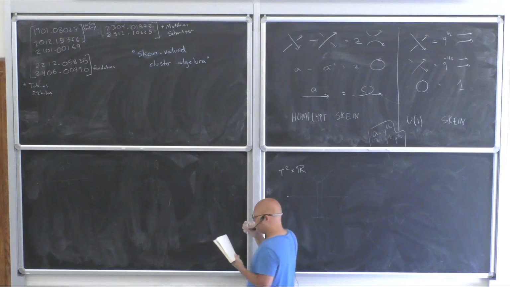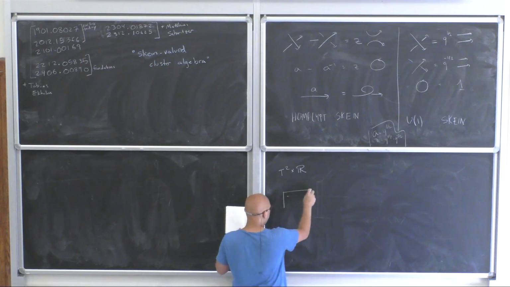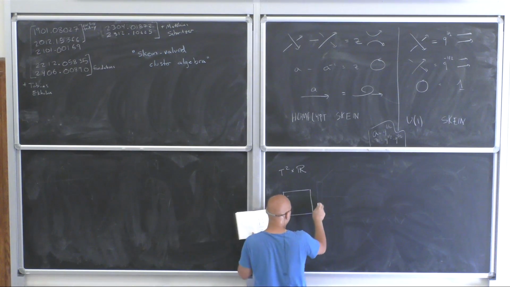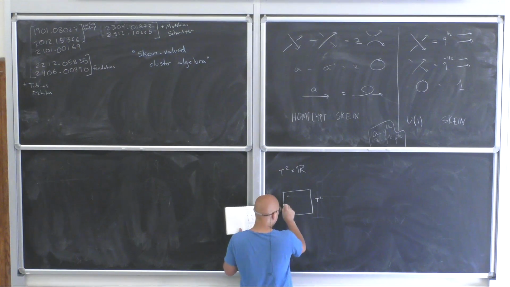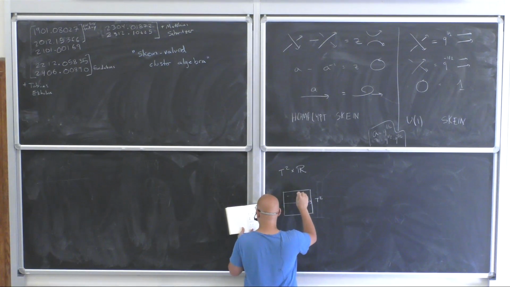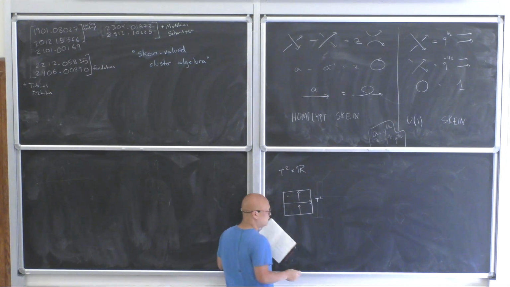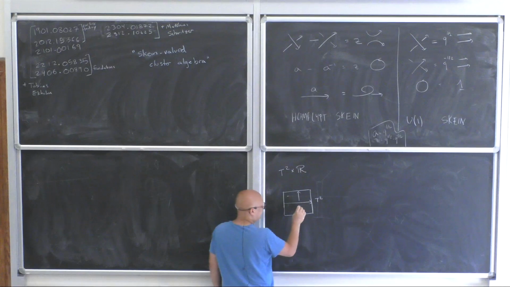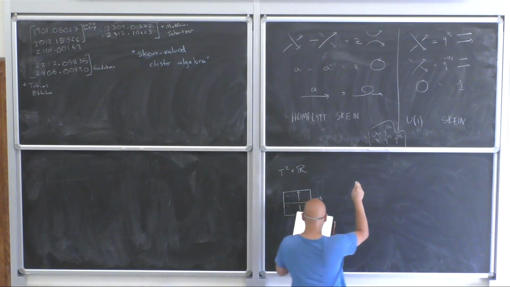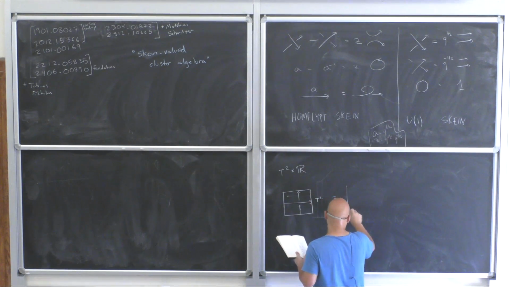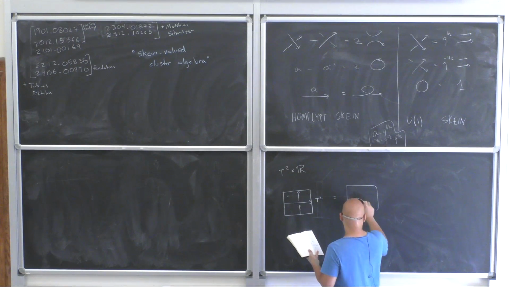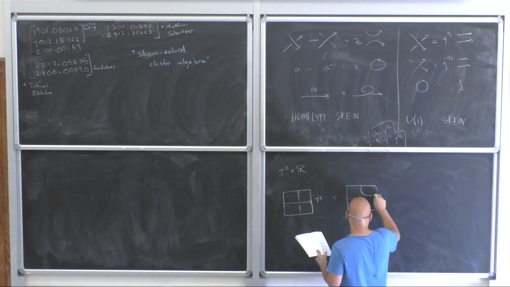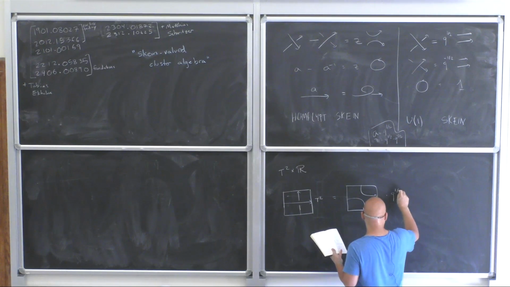I'll draw a picture of this T2 times R. So this is the T2. And let's consider, for example, this element of this skein. If I use these skein relations, it equals this thing times Q to the 1/2.